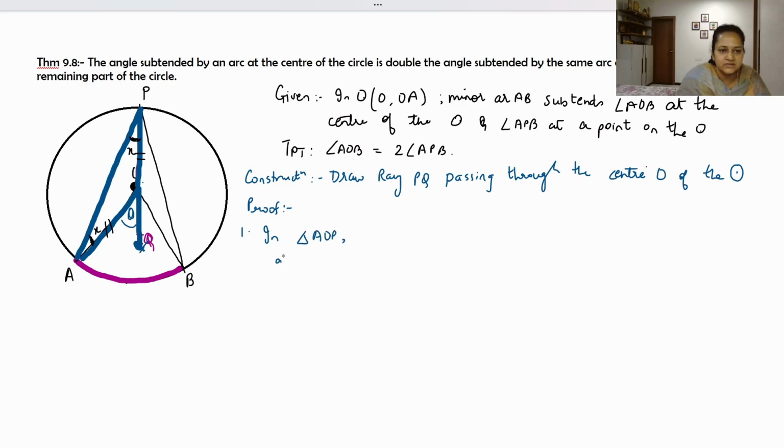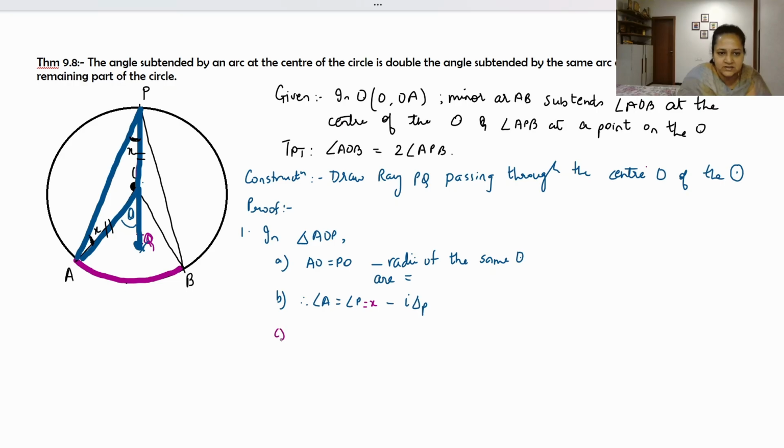What did we notice? We said AO is equal to PO by radii of the same circle are equal. So what do we know? It becomes an isosceles triangle, so we'll get the base angles equal. Angle A is equal to angle P. Isosceles triangle property, children. And we have called this angle x.